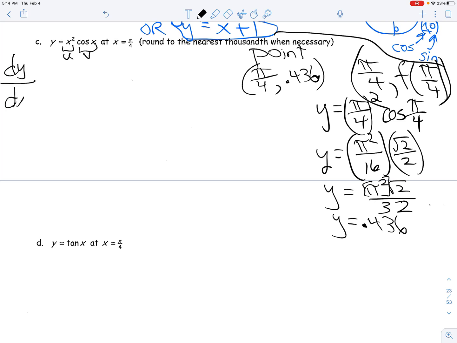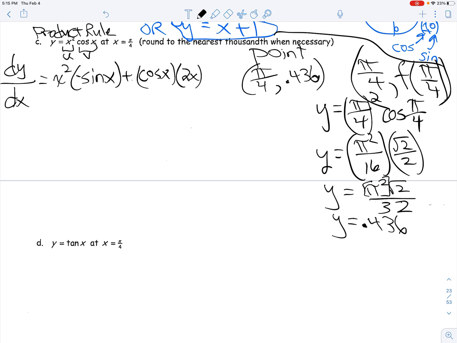Let's get the slope, right, by getting the derivative. So this is x squared times cosine of x. My dy/dx here is going to be a product rule. So the first, x squared, times the derivative of the second.